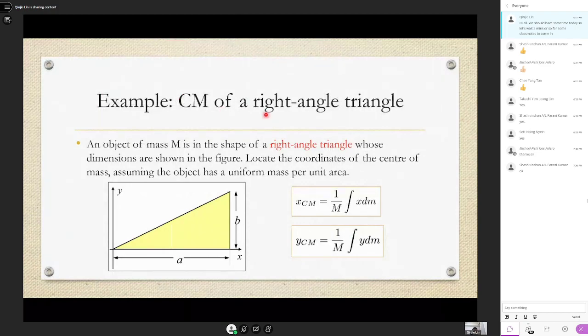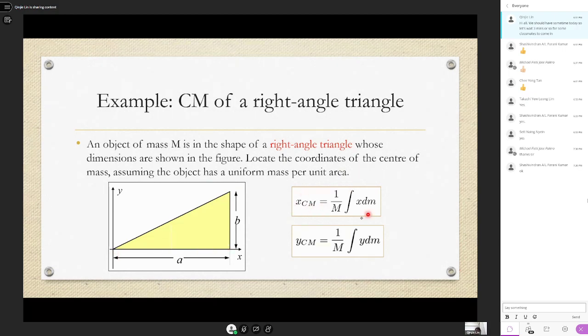So, some examples of how to find the CM of different shapes. We will use the general formula to find the CM. An object of mass m is in the shape of a right angle triangle whose dimensions are shown in the figure. Locate the coordinates of the CM, assuming the object has uniform mass per unit area. This is a triangle, and it's 2D only, so we have the y direction and the x direction.